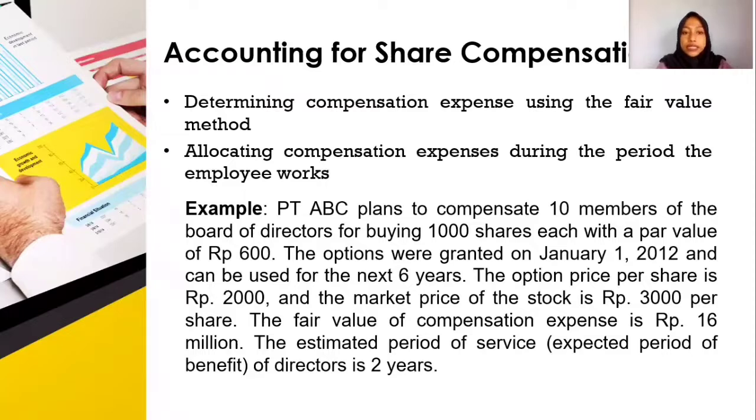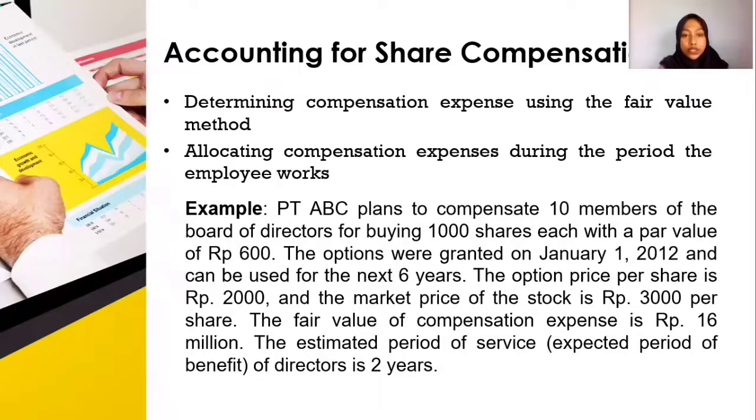For example, PT ABC plans to compensate 10 members of the board of directors for buying 1,000 shares each with a par value of 600.